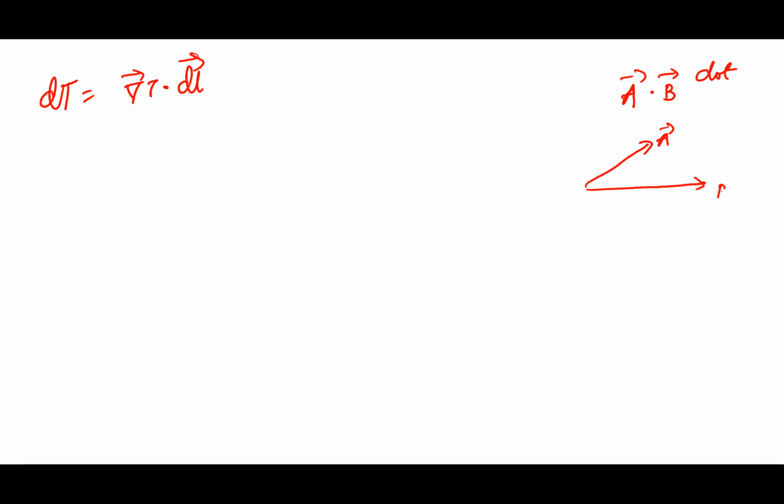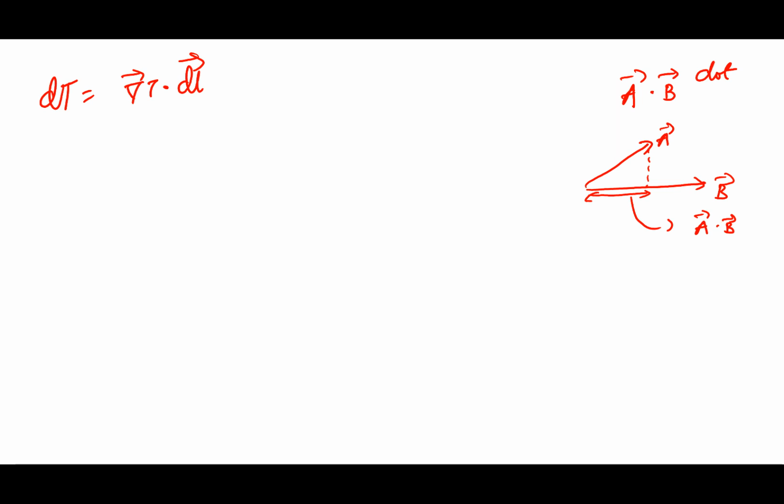To do that, let's see that dT is equal to gradient of T dot dl. We know that a dot product a dot b means projecting one vector upon another. If I have a vector a, by doing a dot product with vector b, I'm projecting a onto b.